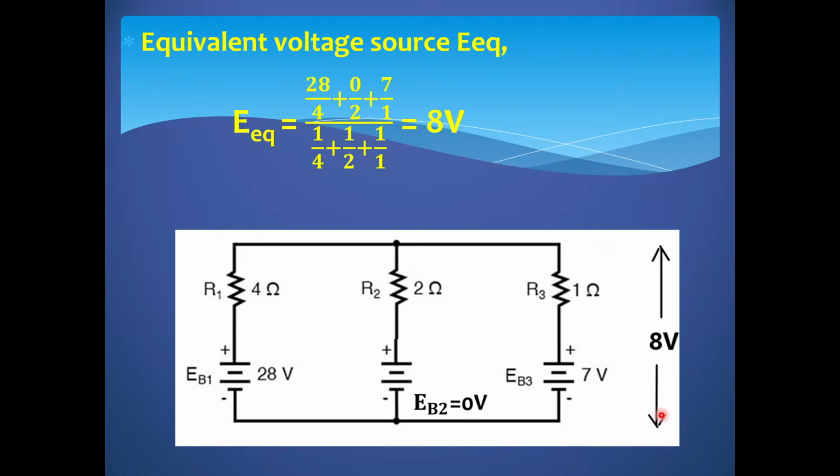Always remember, the voltage across parallel branches will always be the same. Current through any element in a series branch will be the same, whatever the resistance value. Similarly, voltage across parallel branches will also be the same. So this is our equivalent voltage, 8 volts, that I have mentioned here.